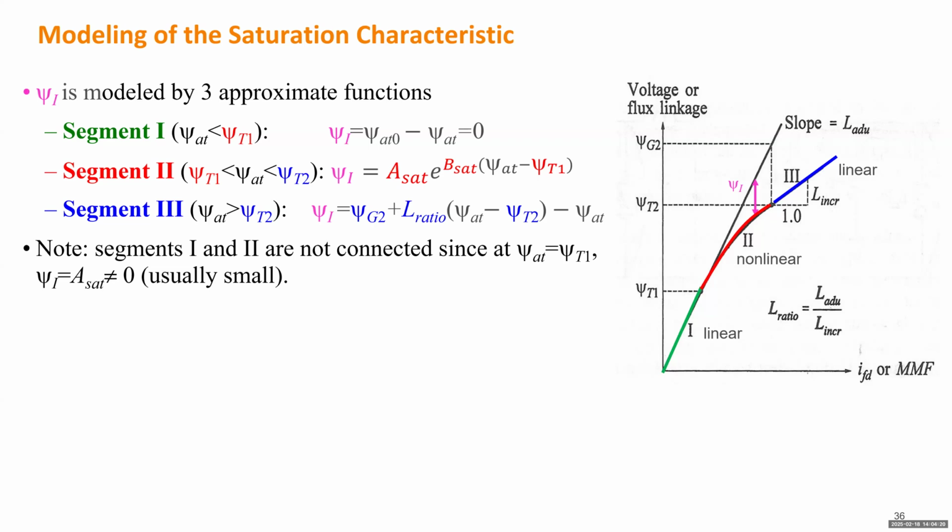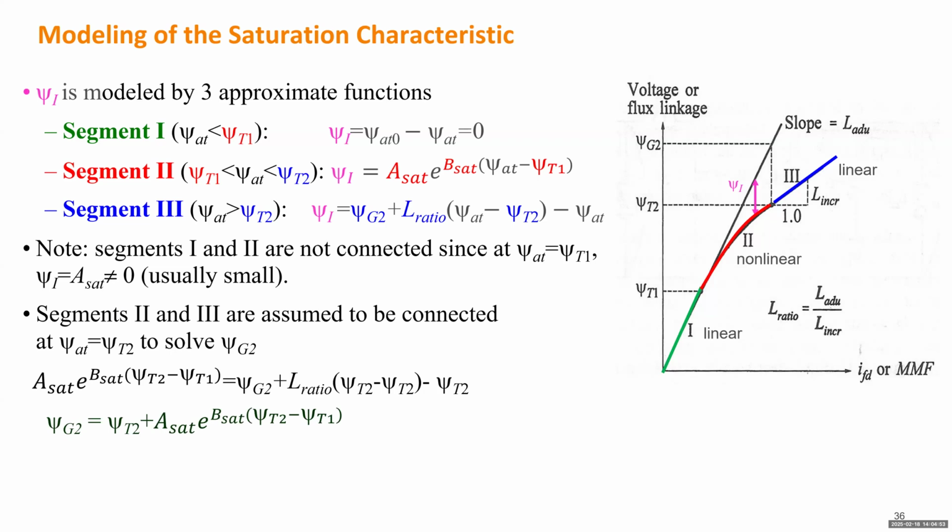It is A sat. In the second equation, you let psi AT be psi T1, right? This one will be 0, and the exponential will be 1. So psi 1 will be A sat, factor A. But based on the first equation, this psi 1 is always 0. But most models just ignore that disconnection because usually the A value is very small.